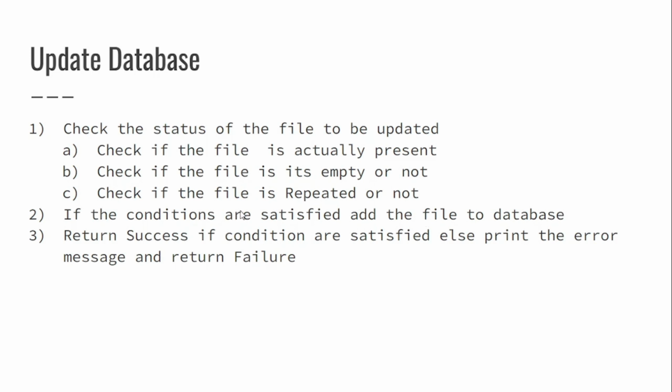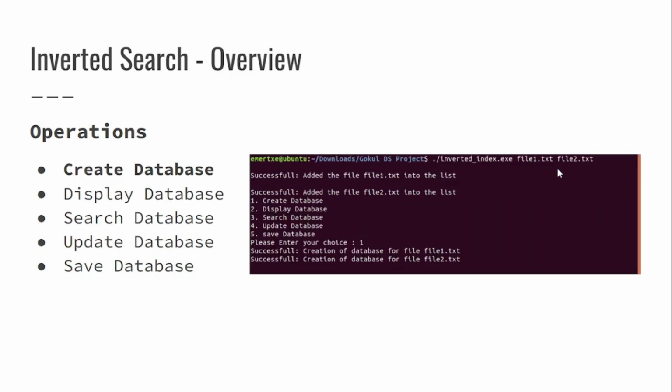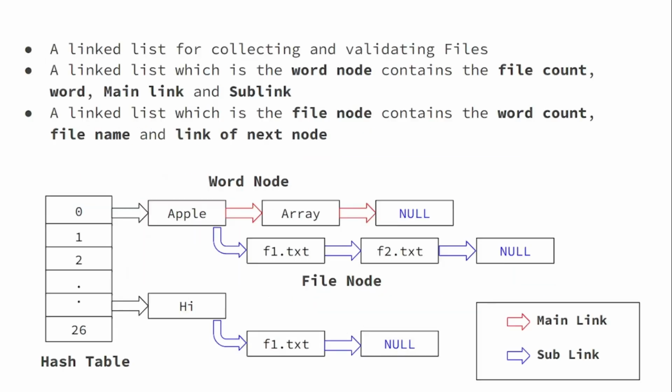Then comes update database. In update database, first we are entering the file name. So first we will add this file to the existing file linked list, and we will recheck all the validations.